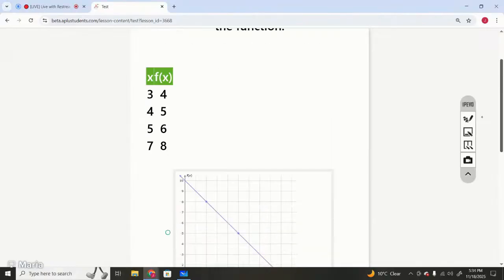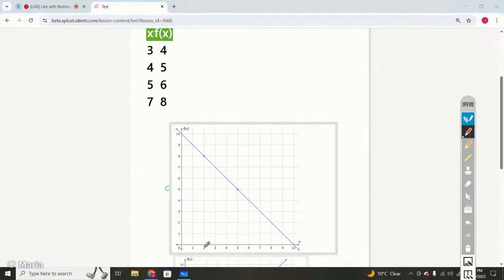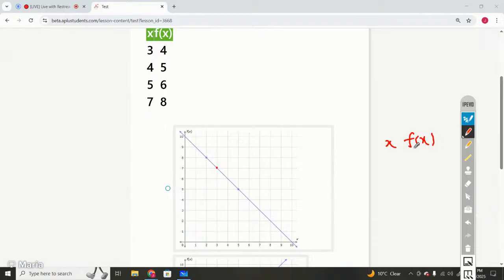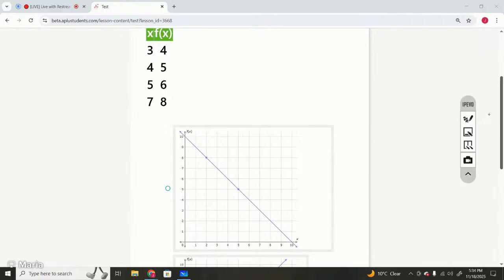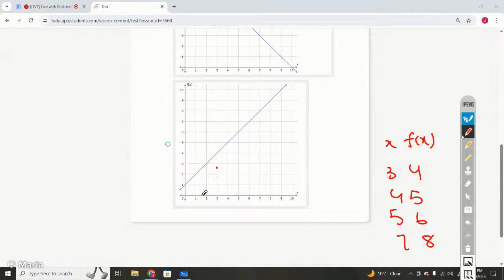Table and then graph the function. X is 3, Y is 4. Just look at this graph. This is not the correct option. I'm going to make the table here, and then we'll see the second graph. X, f of x: 3, 4, 4, 5, 5, 6, and 7, 8. Look at the second one, because the first one is not the correct option. Now let's just match the points.